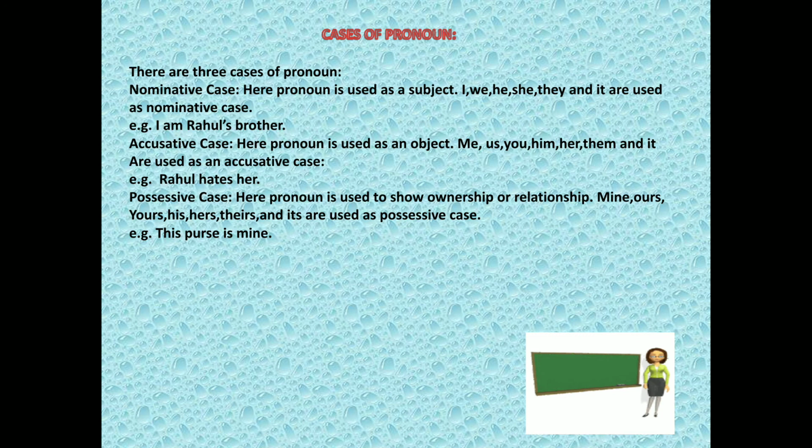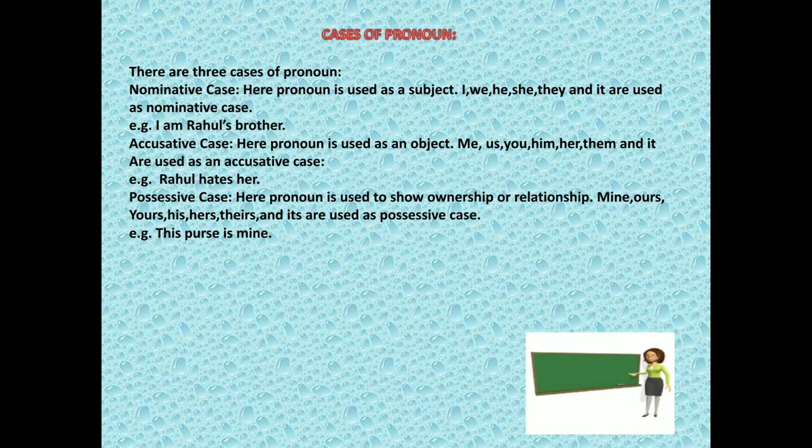Second is accusative case. Here pronoun is used as an object. Me, us, you, him, her, them, and it are used as an accusative case. For example, Rahul hates her. So here her, it is accusative case.